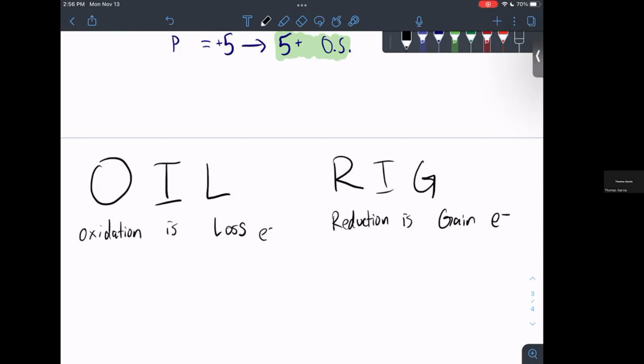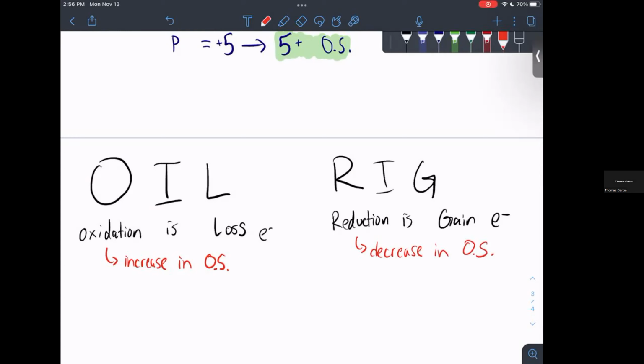It's kind of confusing because, once again, oxidation is also the increase in oxidation state, while reduction is the decrease in oxidation state.